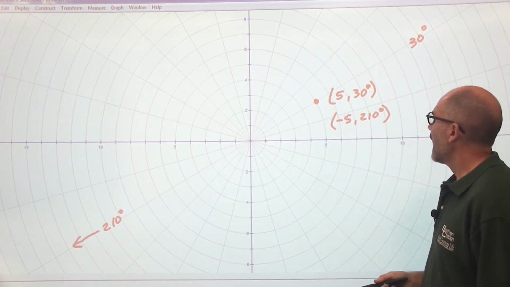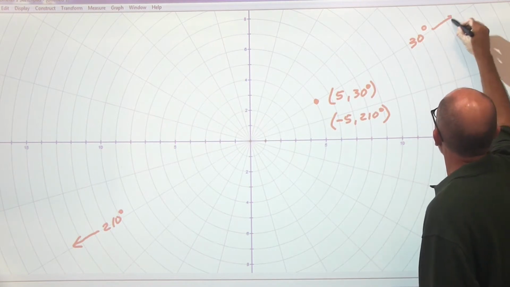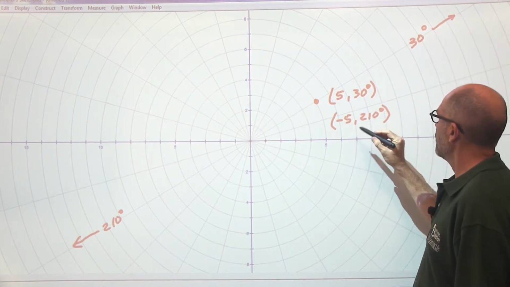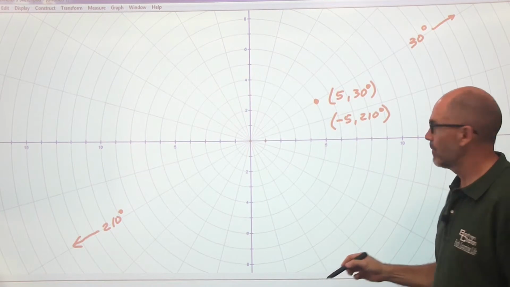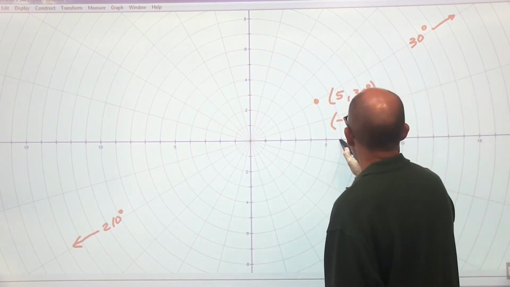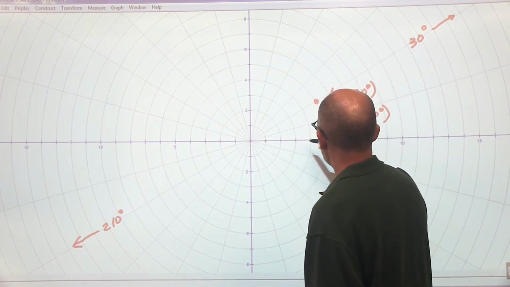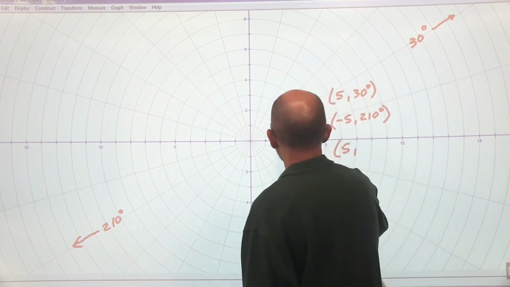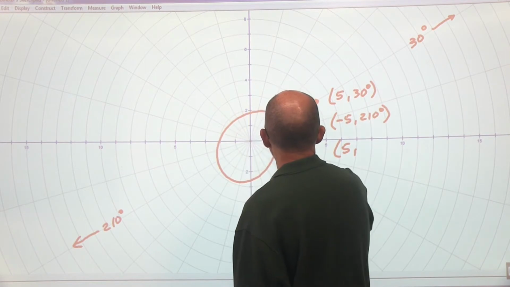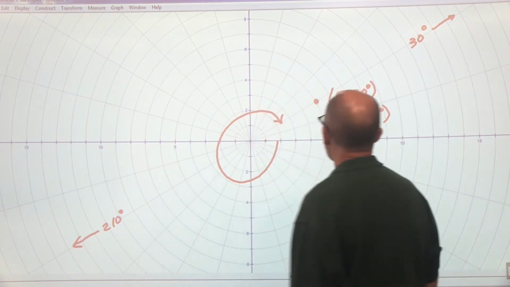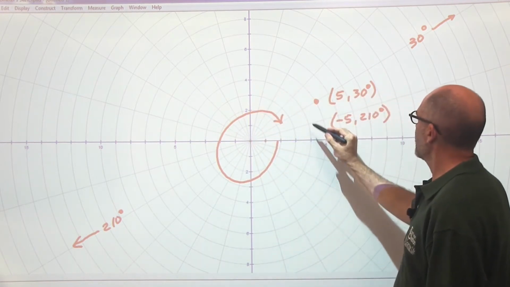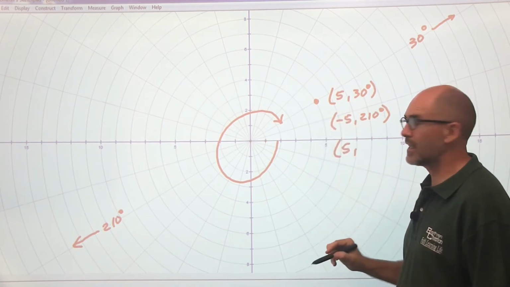Now, I could also name this by a negative angle. So I could name it 5 at, how many degrees is it around, all the way from here around to there? Well, notice that's 30 degrees short of 360.